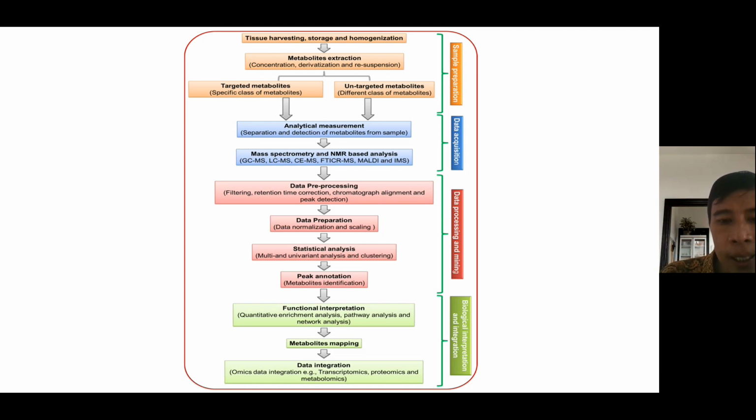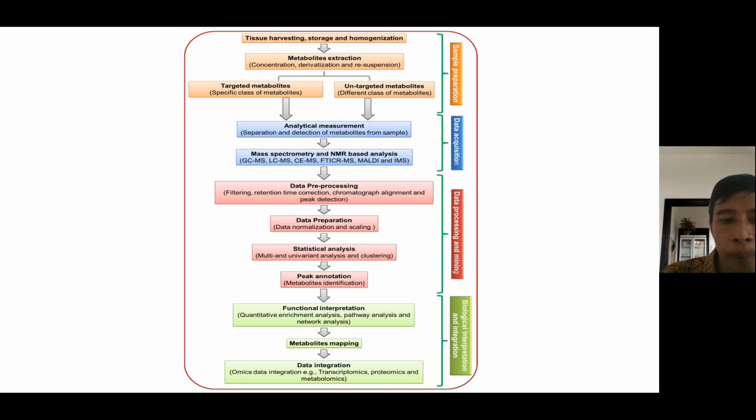And at the latter steps, when you want to interpret your data and connect it, for example, in certain situations, like how the disease progresses from one step to another, you need to do functional interpretations, including enrichment analysis, or you analyze the plausible pathways that may be involved in a certain kind of disease.